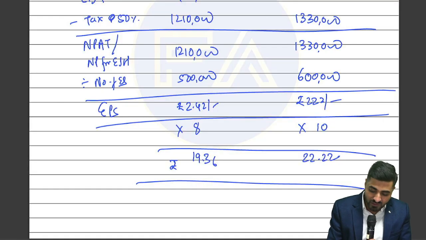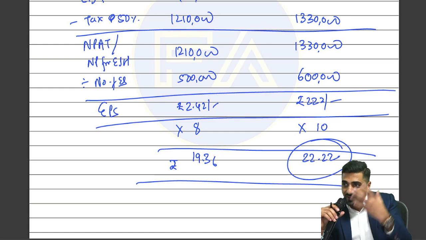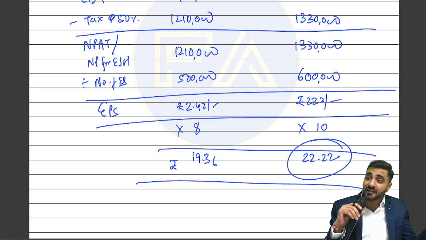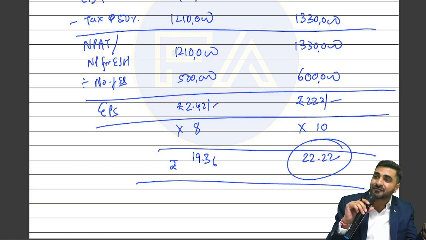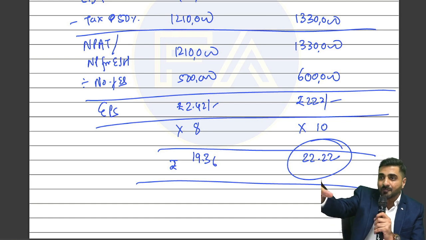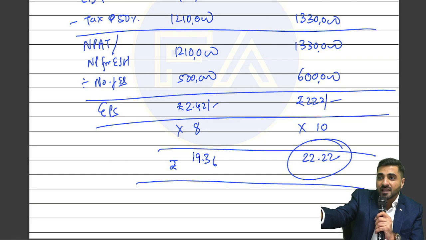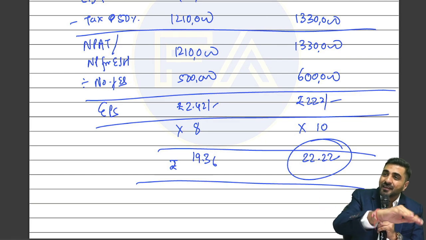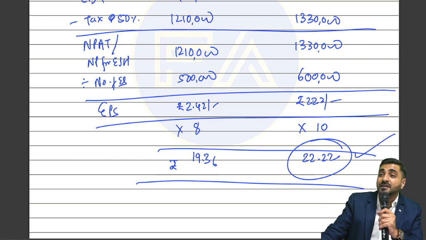What was it? 22.2. So when the company gets the funds, they will start expanding. This is the income statement before expansion or after expansion. So if you are a company, I will take your equity, I will give you 20 rupees. Then you will expand with that money, and with that you will earn more EPS. Based on that, the market price will then become how much, beta? 22.